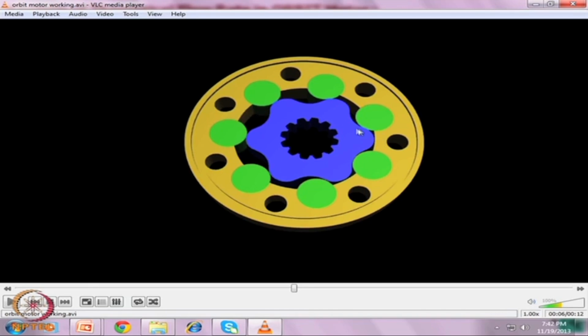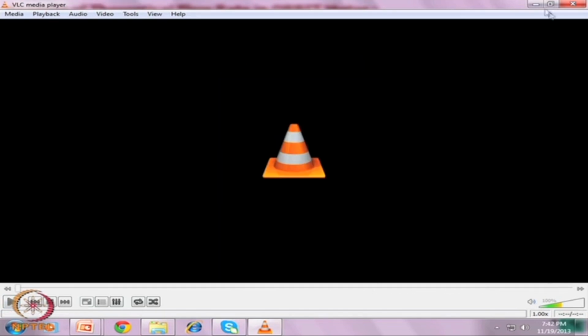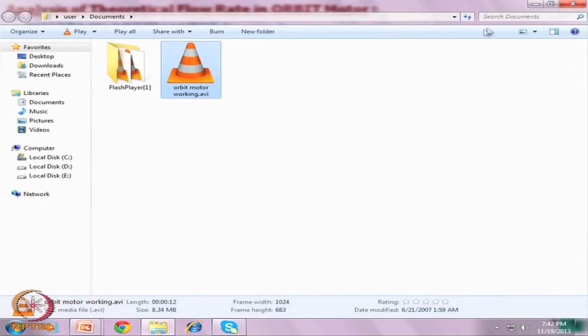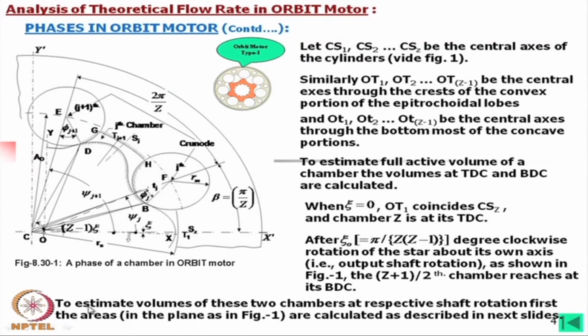Then this volume minus that volume gives the maximum volume displaced by one chamber. So, we must now calculate this area. What I have discussed is told here.